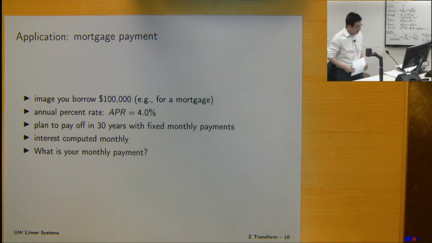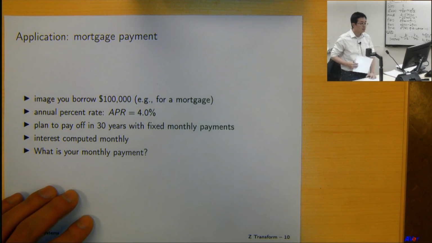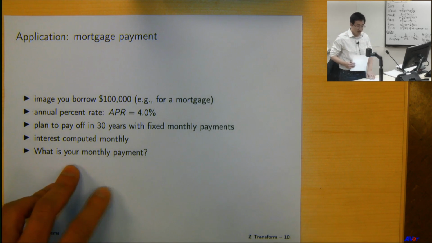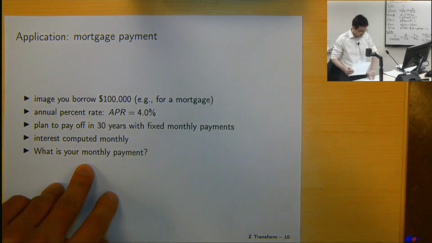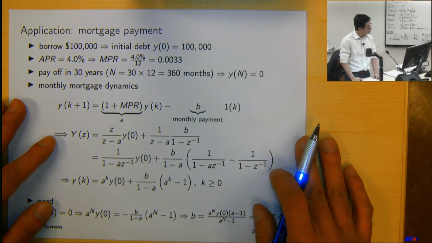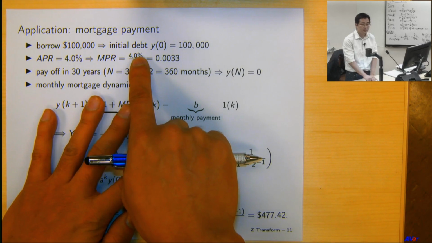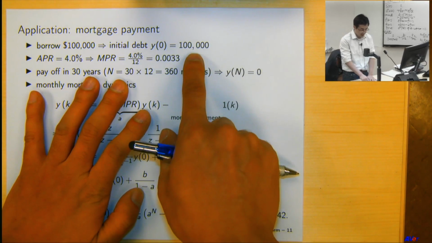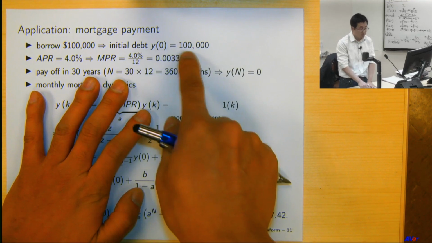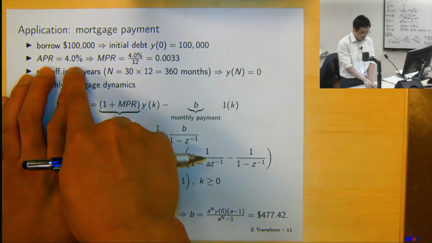So let's translate the language into a system language. We try to model how the payment looks. Borrowing 100,000 means that you're going to need to pay back eventually 100,000, right? As you pay more and more monthly, your remaining debt is going to be less and less. And you have an annual percentage rate of 4%.